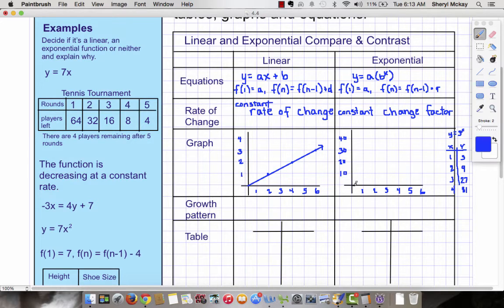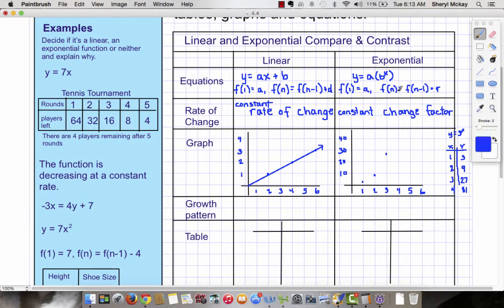And we won't even get that far. So when x is 1, y is 3, which is right about there. When x is 2, y is 9, which is right about there. When x is 3, y is 27, which is right about there. And then, of course, the 81 would be way up here, right? 50, 60, 70, 80 would be way up here.